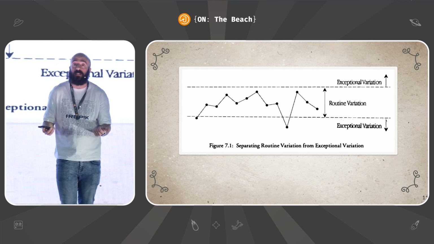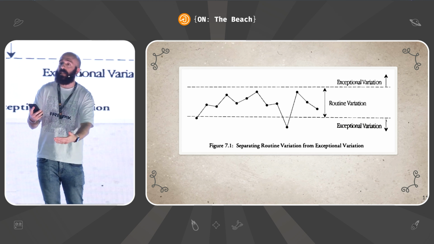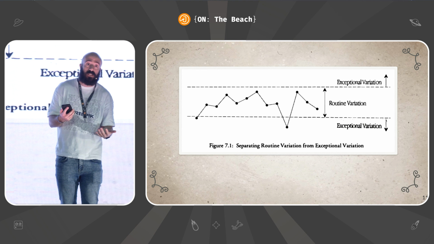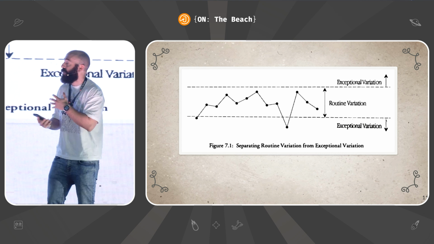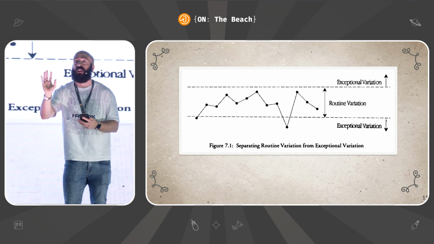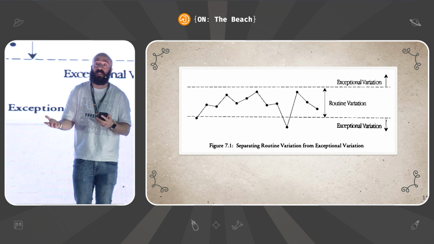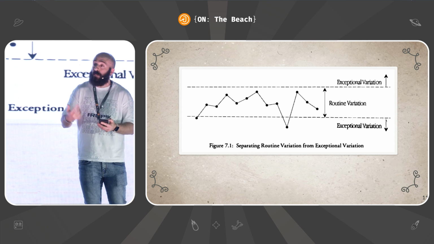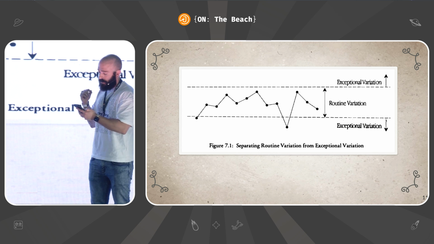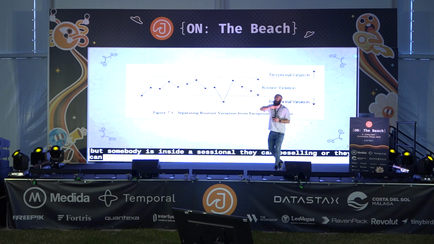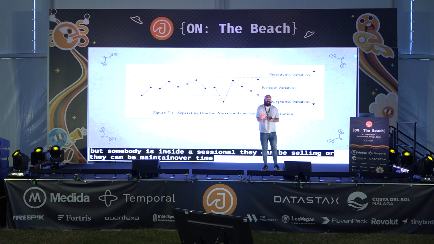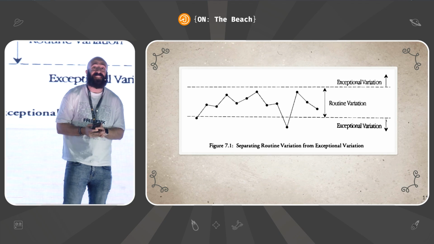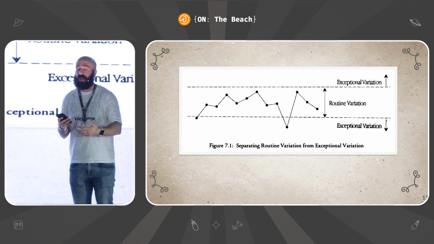Some variations are routine, consistent over time: the numbers are changing, but the underlying process is not changing, and it is unlikely that those variations have a single dominant cause. Many things are happening at once, so it's pointless for us to try to research that. But some variations are exceptional. They can be sudden or maintained over time. They signal that the underlying process is changing in some fundamental way, and there is likely a dominant cause for that variation.